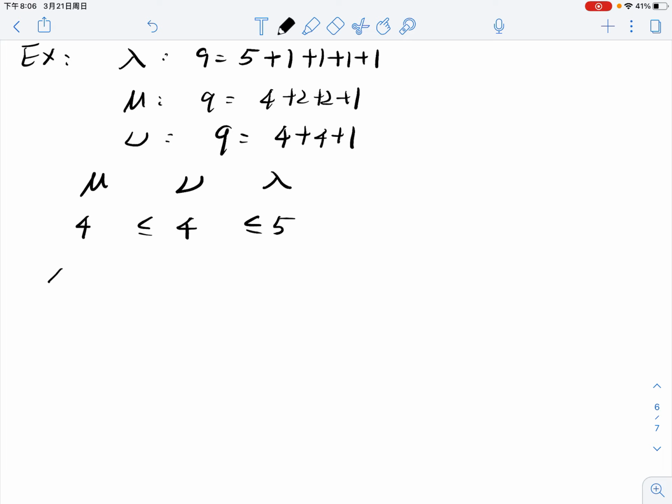But then for the partial sum of the first two terms, you still have 4 plus 2 less than or equal to 4 plus 4. But 4 plus 2 is 5 plus 1.